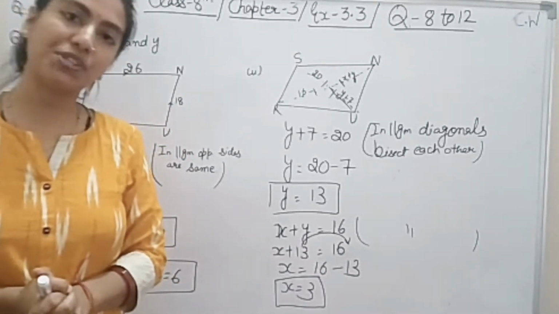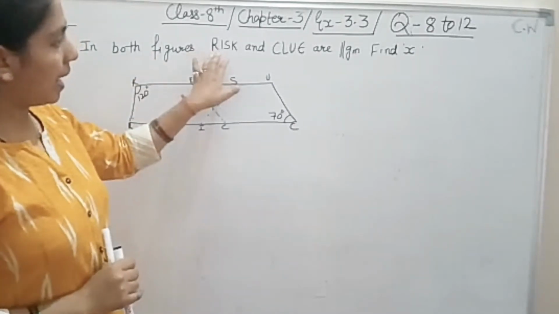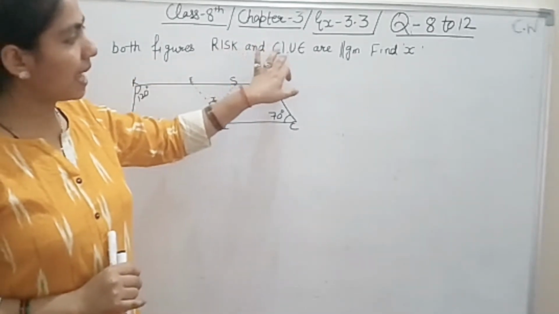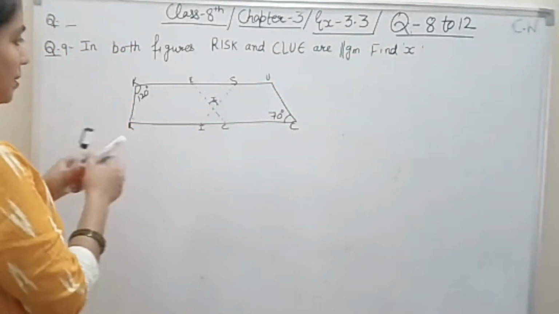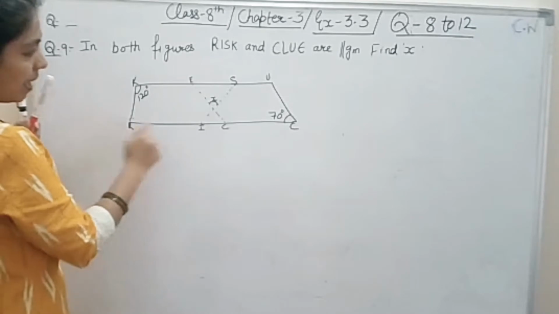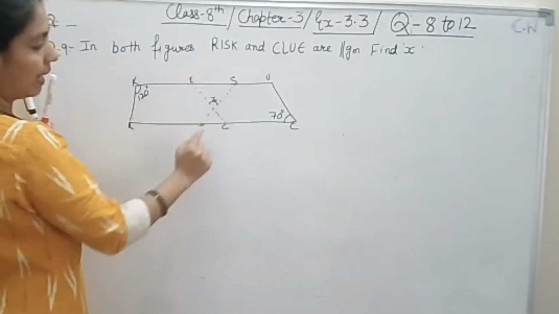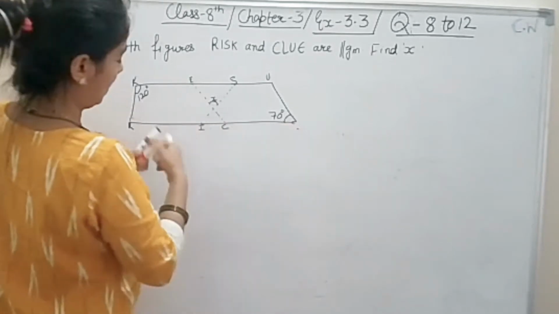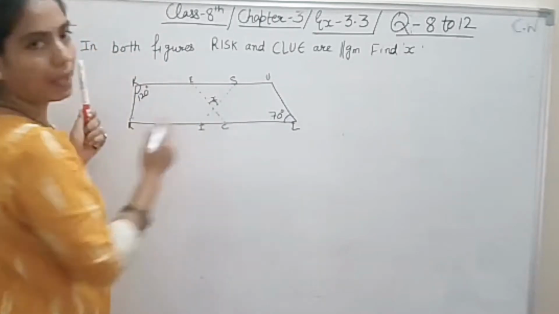Now moving forward, our question number 9. In both the figures RISK and CLUE are parallelograms. Find x. How? See students, here RISK is a parallelogram, and CLUE is another parallelogram.